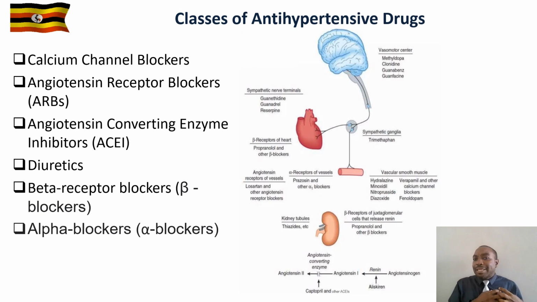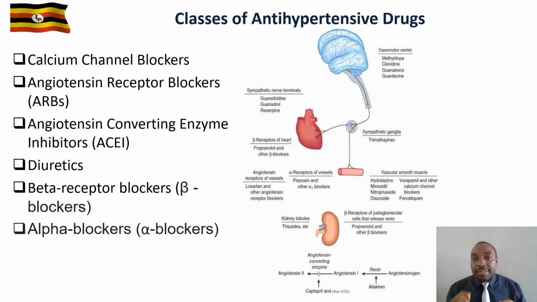At the same time, there are some hormones which will be working on the heart to increase the heart rate so that the pressure goes up. So you see that the whole system is working together to bring the blood pressure up. And this happens if those cells detect that your blood pressure has dropped. So the body keeps working like that, using those signals to keep your blood pressure within a normal range.